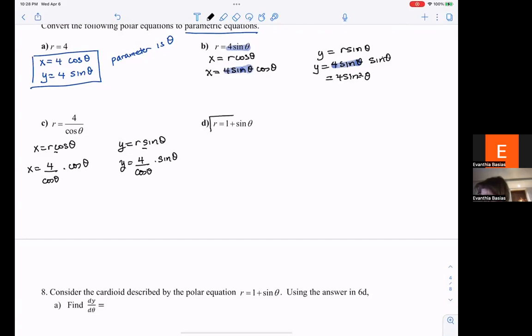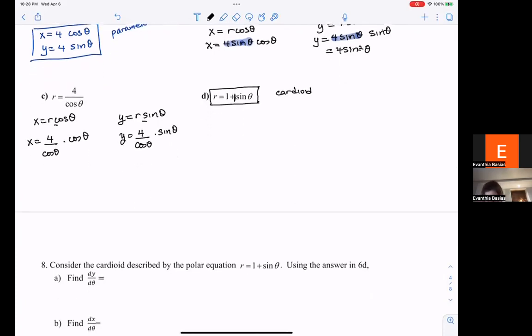Now this is a cardioid. Not that we have to know that, but the a and b are equal to each other, right? It's nice to know. So x equals r cos theta, y equals r sine theta. So substituting, we get 1 plus sine theta times cosine theta, and this becomes 1 plus sine theta times sine theta.